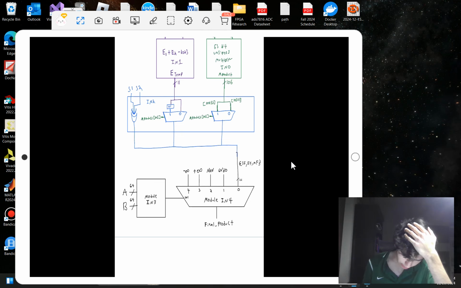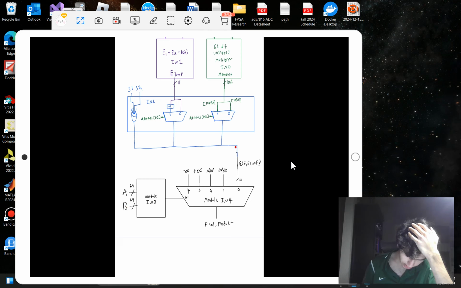In reality, you're going to have that, and then you're going to have a multiplexer that will select the final product based on special scenarios. Let's say A or B, one of them is 0. Let's say A is 0 and B is, I don't know, like 57.